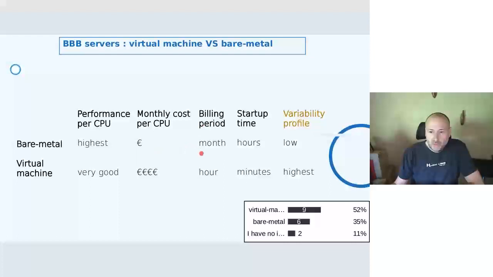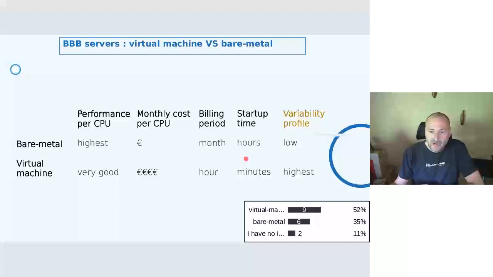But for a virtual machine, most of the time the billing period is an hour, whether it is a month or a bare metal server. And the startup time of a virtual machine is counted in minutes, whereas it is hours for a bare metal server.